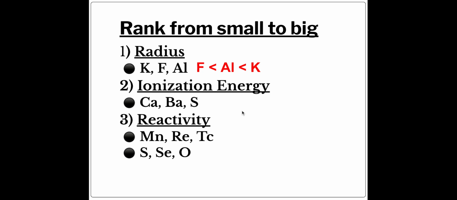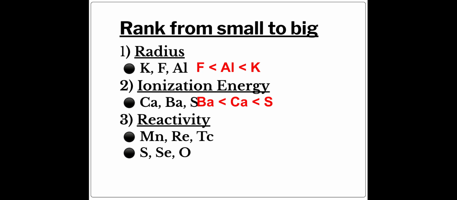For ionization energy, barium has the smallest ionization energy. Remember, the general trend of increasing ionization energy is from the bottom left corner up to the top right corner.